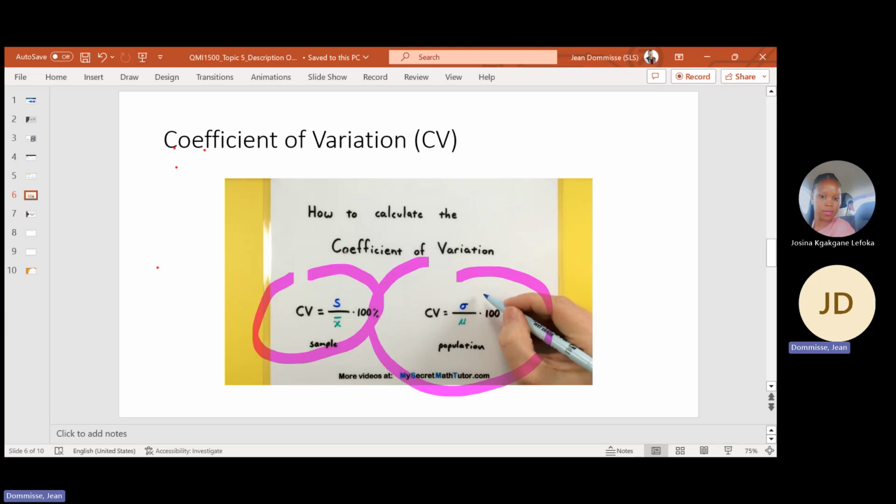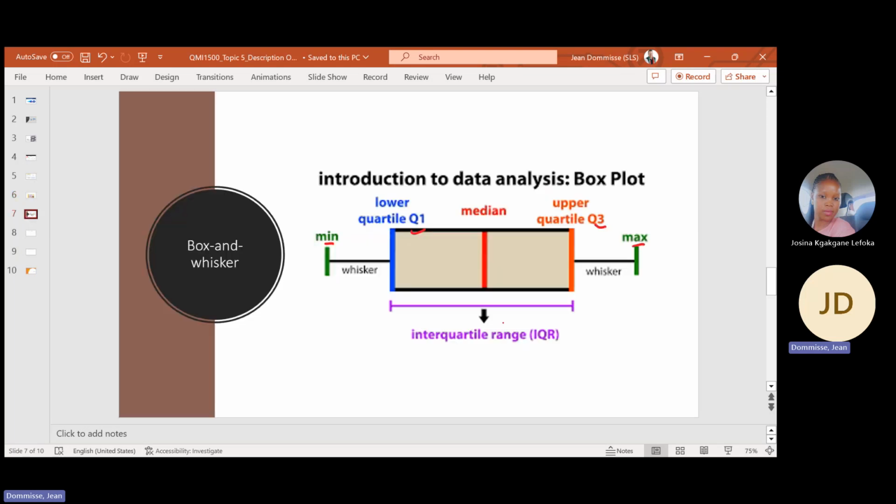So we will definitely have this component. And the last one, nearly, is just to show, and sometimes they talk about this as a box and whisker plot, box plot.